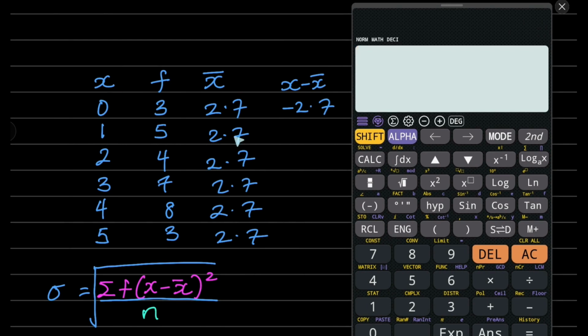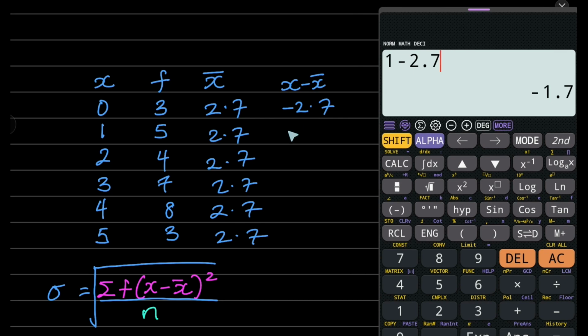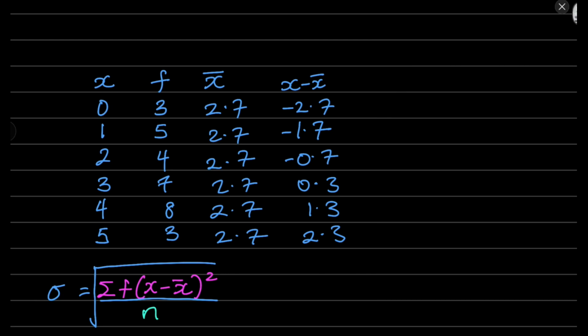The next is 1 minus 2.7, which gives negative 1.7. Next, 2 minus 2.7 gives negative 0.7. Up next is 3, which gives 0.3, then 4, which gives 1.3, and then 5, which gives 2.3.